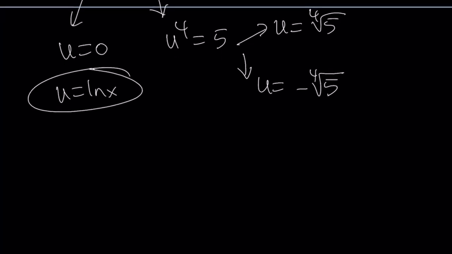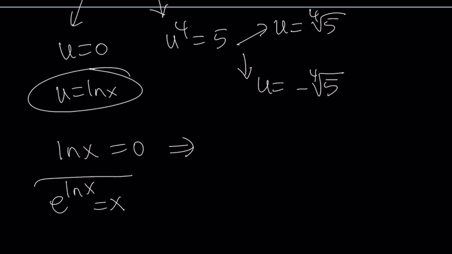So now ln x equals 0 gives you x equals 1. How do you find that? Well, if you know properties of logs, log of 1 in any base is 0. Or you can just use a nice identity, which is e to the power ln x equals x.